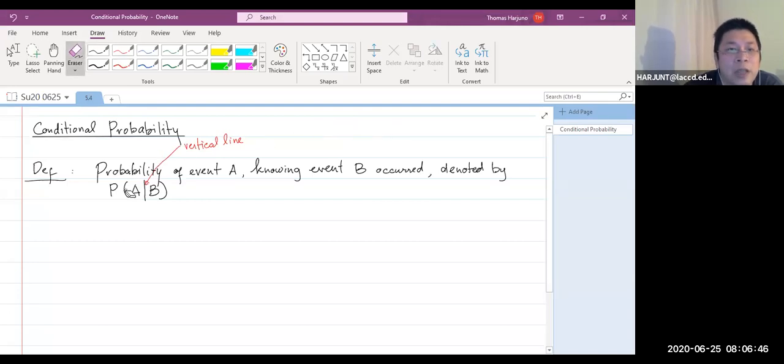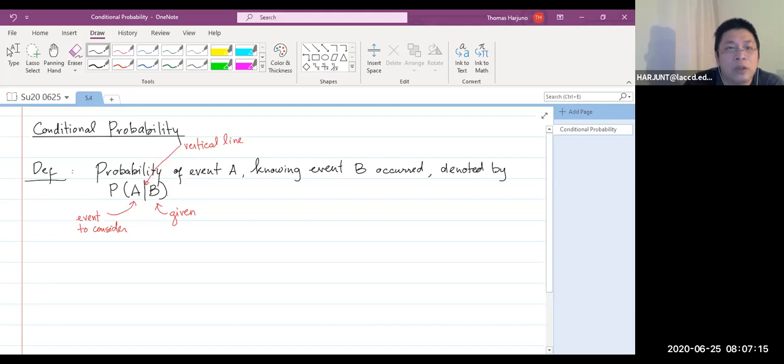It says the probability of A knowing B. Notation wise, this is the probability of the event we want to compute, and this is the one given.